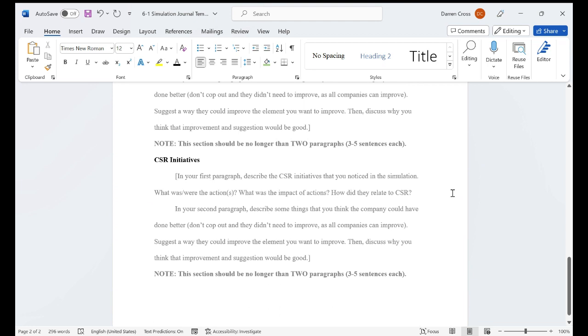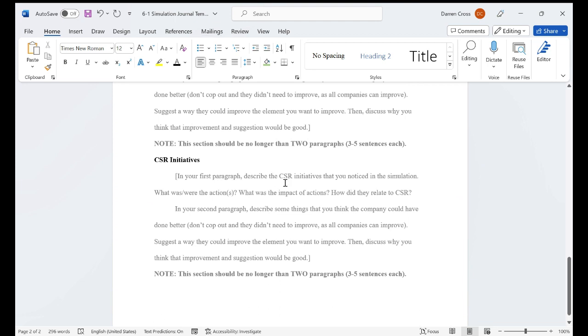I'm asking you to do that because a lot of times people will say the company did this action, and I'm like, okay, that's not really a CSR action. I'm glad that you're digging and thinking about things that they're doing, but I want to know that you actually know what CSR means and that you can recognize it in action. So I want you to make that connection, right?